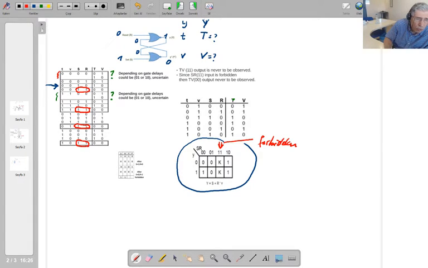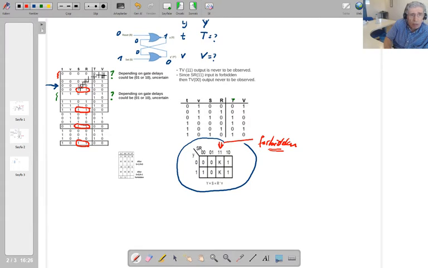There are 4 rows for which S and R inputs have the value 1, 1. And it says forbidden, so I'm never going to apply those two 1, 1 inputs to this circuit.